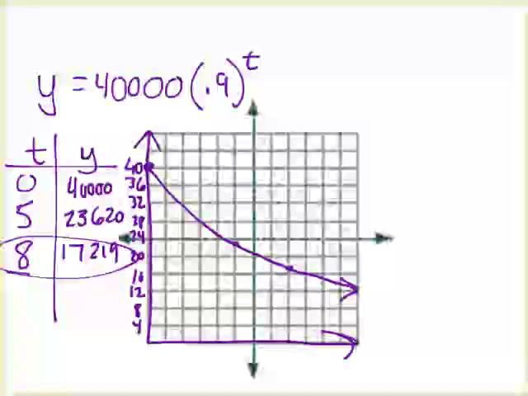So we're not getting the really sharp turn here, which is what we expected, that we wouldn't see a really sharp turn in this graph. Questions?